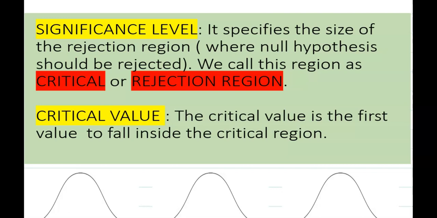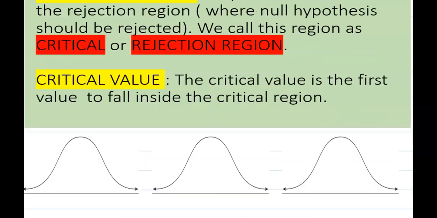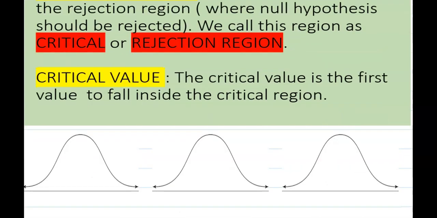Let's take the example of a two-tail test. For a two-tail test, let's take the significance level as alpha. We do a two-tail test when the alternative hypothesis is not equal to something.